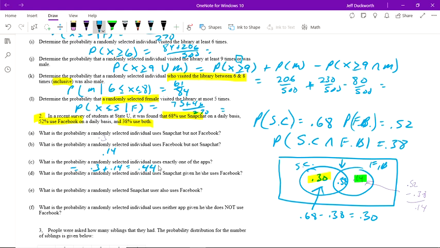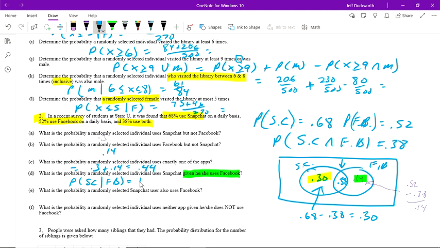All right, D, the probability a randomly selected individual uses Snapchat given, let's highlight that, given he or she uses Facebook. So the known information is that person uses Facebook. So we're going to use our notation for this. We want the probability that they use Snapchat given that they use Facebook.